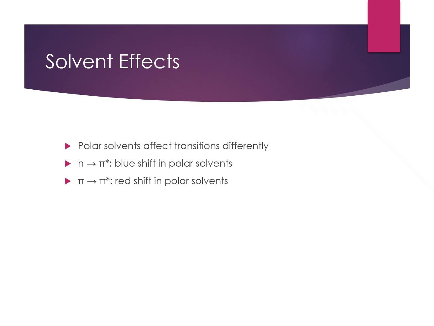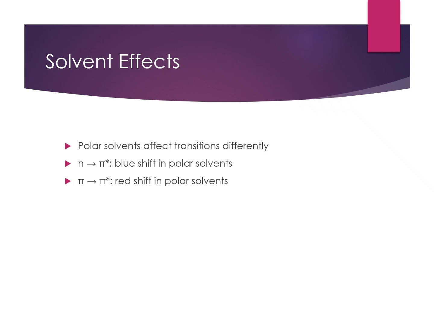Solvent polarity plays an essential role for n to pi star transitions like in carbonyls. Polar solvent stabilizes the ground state more than the excited state. This increases delta E, leading to a blue shift, so lower lambda max.